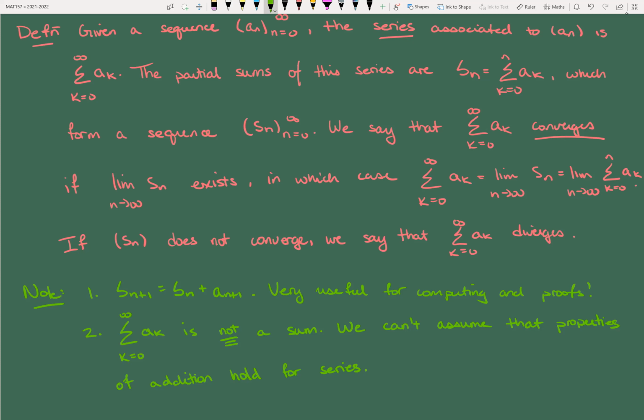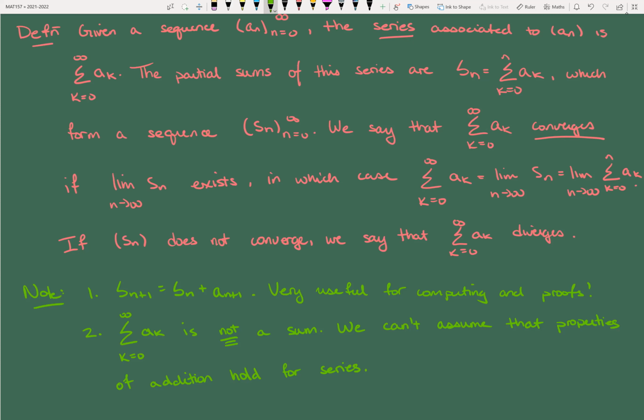But here's the really crazy thing. There is a result, and I'm trying to remember if we'll prove it. I'll make that a game time decision. There will be a result which will tell us when we are allowed to do this, okay? It'll say, hey, if this property is true, then you can rearrange the terms of the sum however you like.